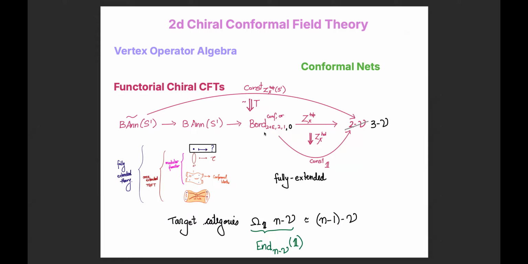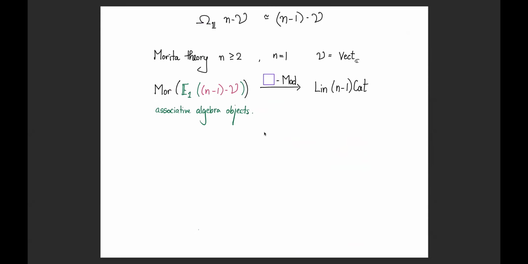So whatever I want to call 2-vec, if I look for the monoidal unit and take the endomorphisms of it, I should get vec. And if I'm purely algebraic, the Morita theory gives you a nice way to do it. So you can take associative algebra objects in V and take the Morita and then recover higher vector spaces, essentially.